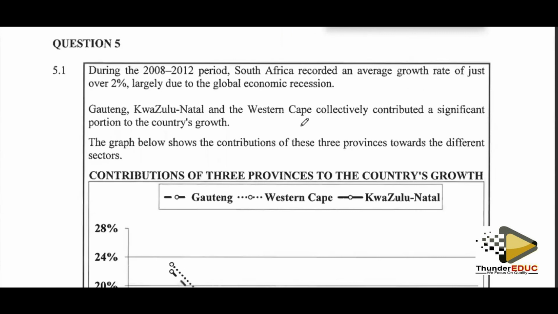Question number 5. During the 2008 to 2012 period, South Africa recorded an average growth rate of just 2%, largely due to the global economic recession. Gauteng, KwaZulu-Natal, and Western Cape collectively contributed a significant portion to the country's growth.